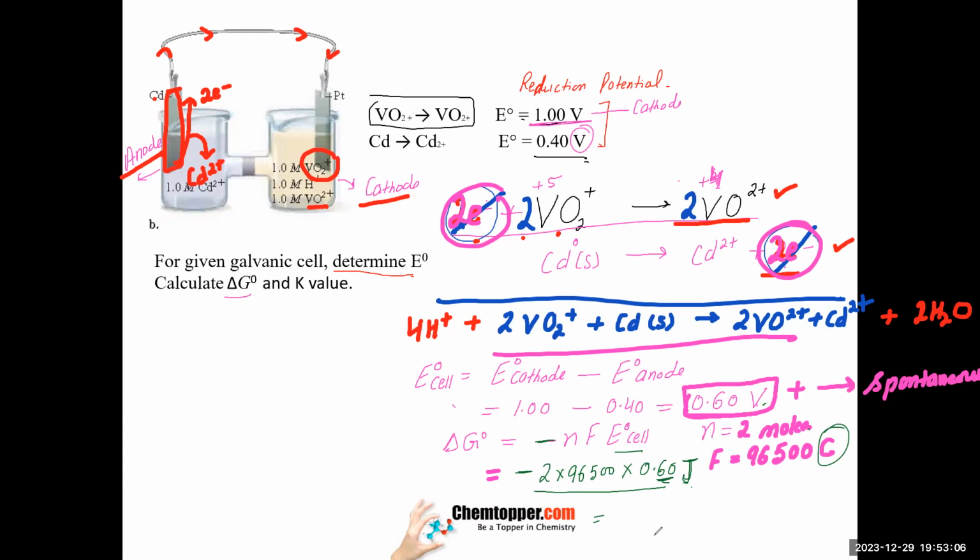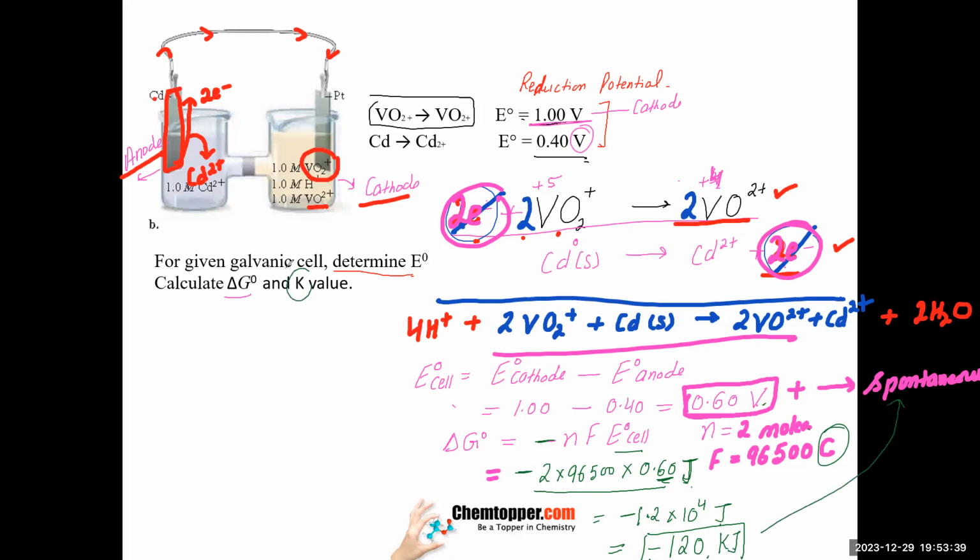And the answer is 1.2 times 10 raised to power 4, minus will be there, joules, which you can write as minus 120 kilojoules. That's the answer. And this delta G is negative, which means the reaction is spontaneous.